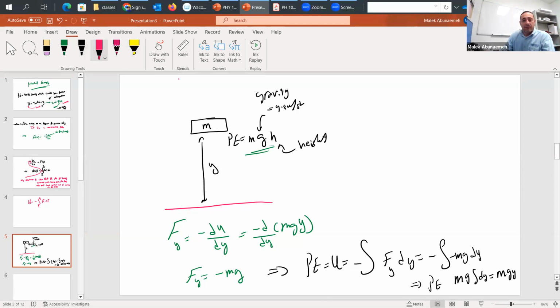Hence, our potential energy here is going to equal mgh, and in our case h is y.